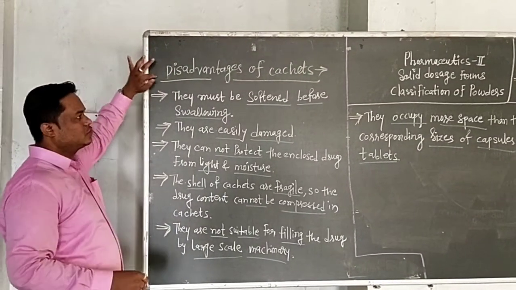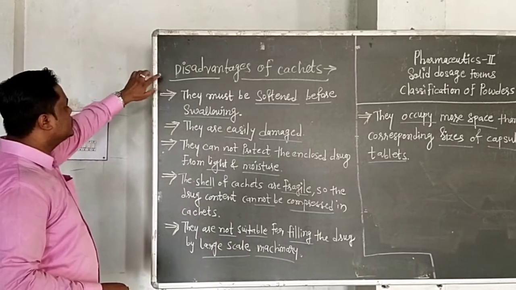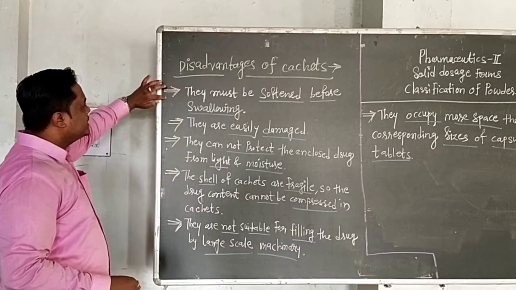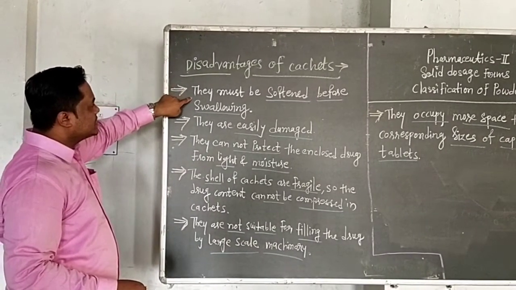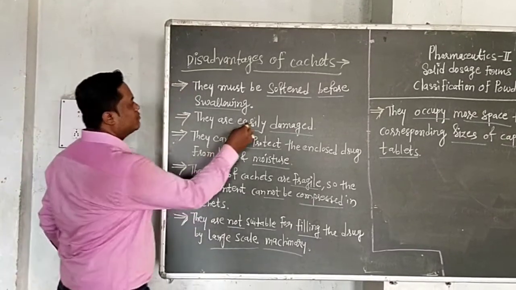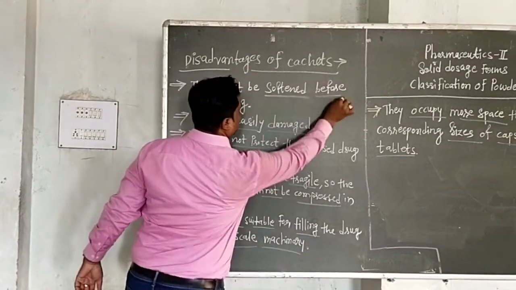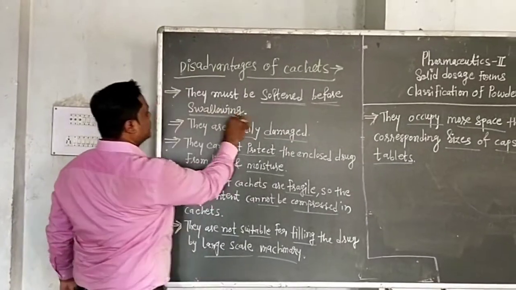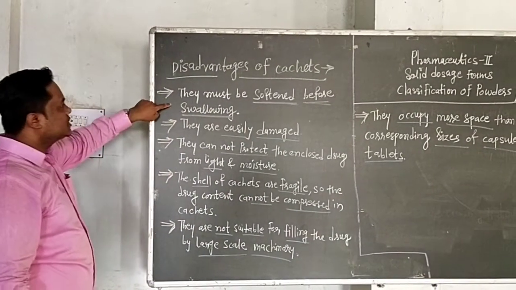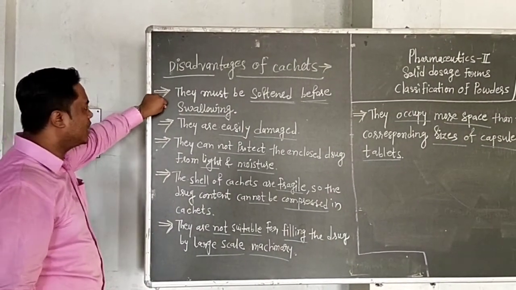The cachets are also known as the wafer capsule. Then we show the first disadvantage. The first is they must be softened before swallowing. This is a disadvantage because the cachets are quite hard at first.